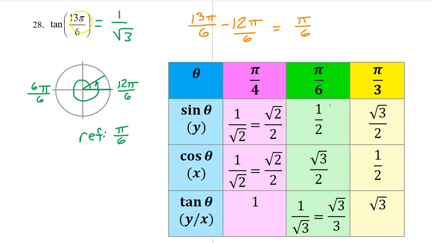That means the tangent of 13 pi over 6 is the same as the tangent of pi over 6. And that is one of our memorized facts, which is 1 over radical 3. So that's another way you can think about it.